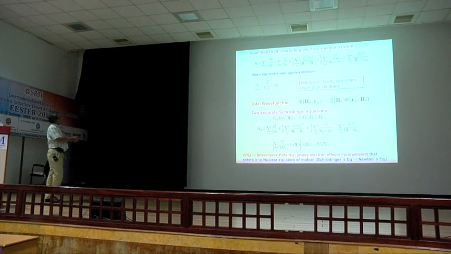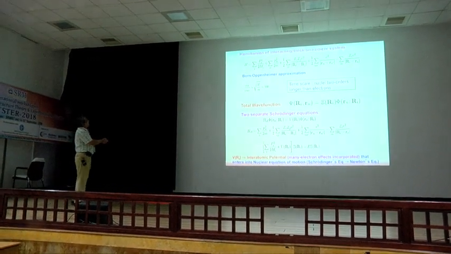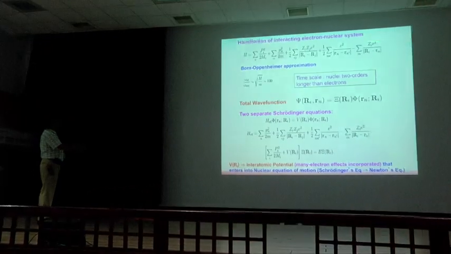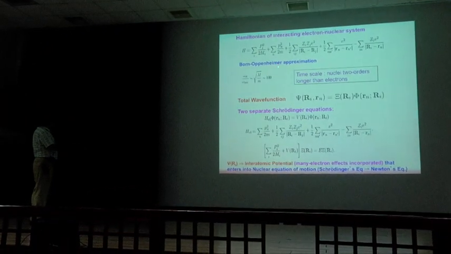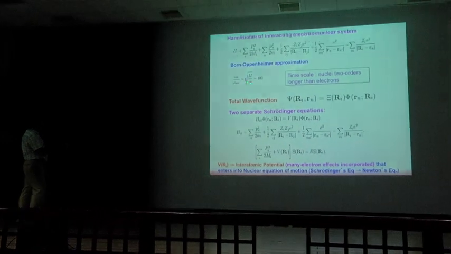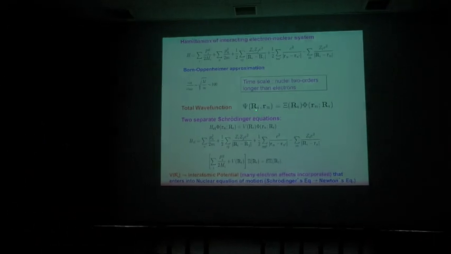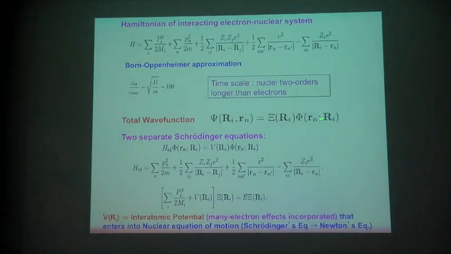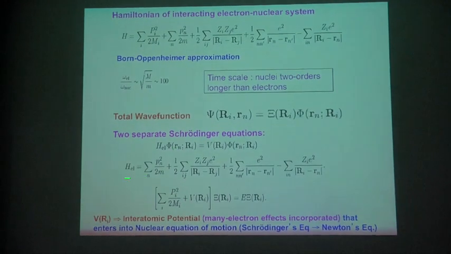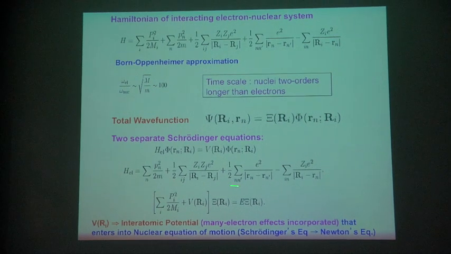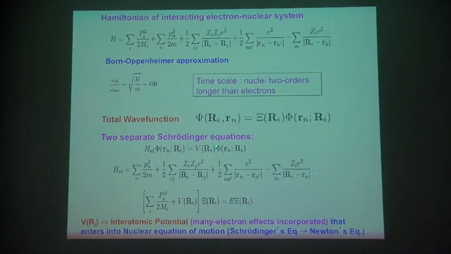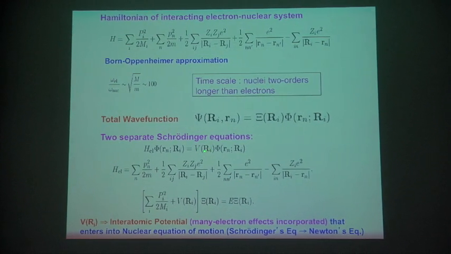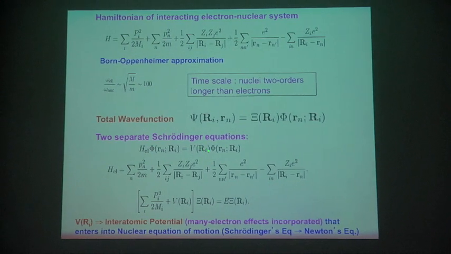We started with, Manoj started with this good old full-fledged Hamiltonian. Then he mentioned that when you put in the Born-Oppenheimer approximation, you can separate out the electronic part and the ionic part. This is the electronic part of the Schrödinger equation, which you can solve, and you can get this so-called V of Ri, where the Ri's are for the frozen ions.